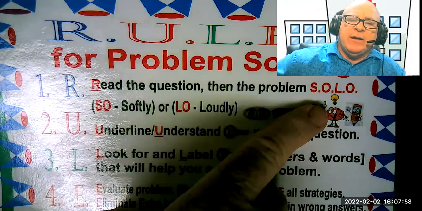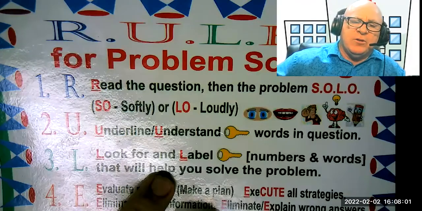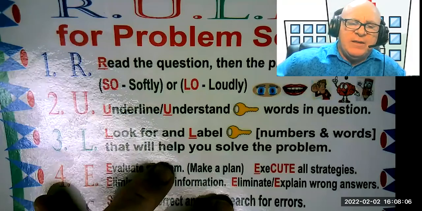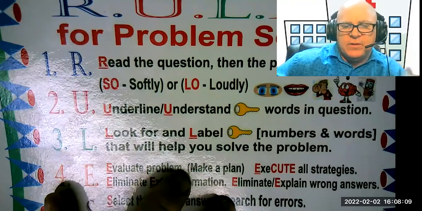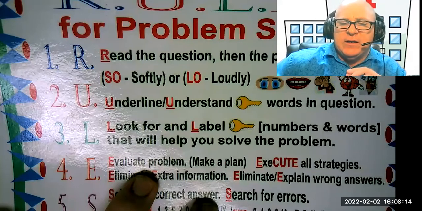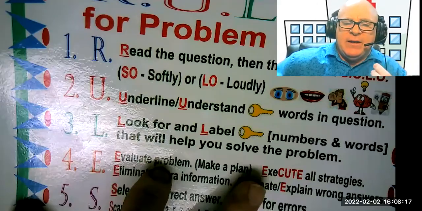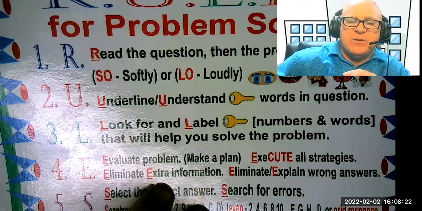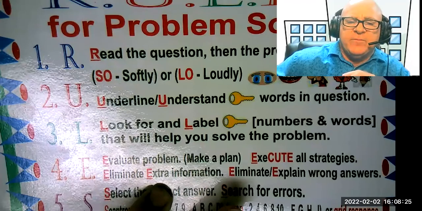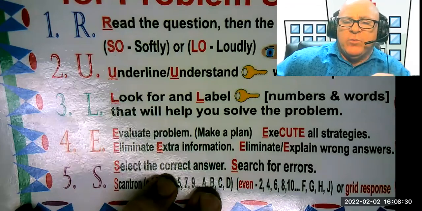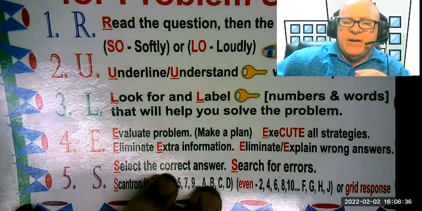So as we underline the keywords in the question and look for and label the key numbers and words in the problem, we will evaluate rules, acronym, make some sort of a plan that will work. We'll execute, not "exa-ugly", our strategies. We'll eliminate any extra information that could distract us, eliminate and explain the wrong answers, search for the correct answer. Select the correct answer once you've done what we're going to do called guess and check. Search for any errors that we might have made.